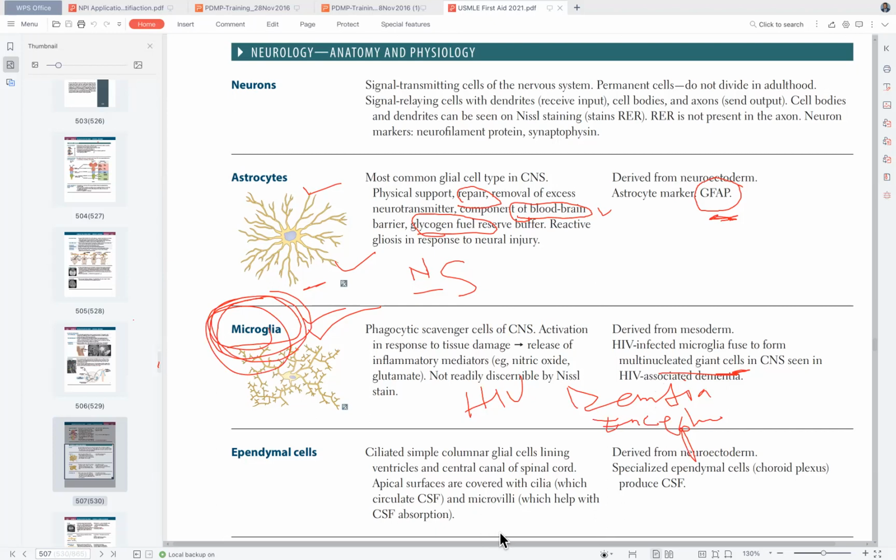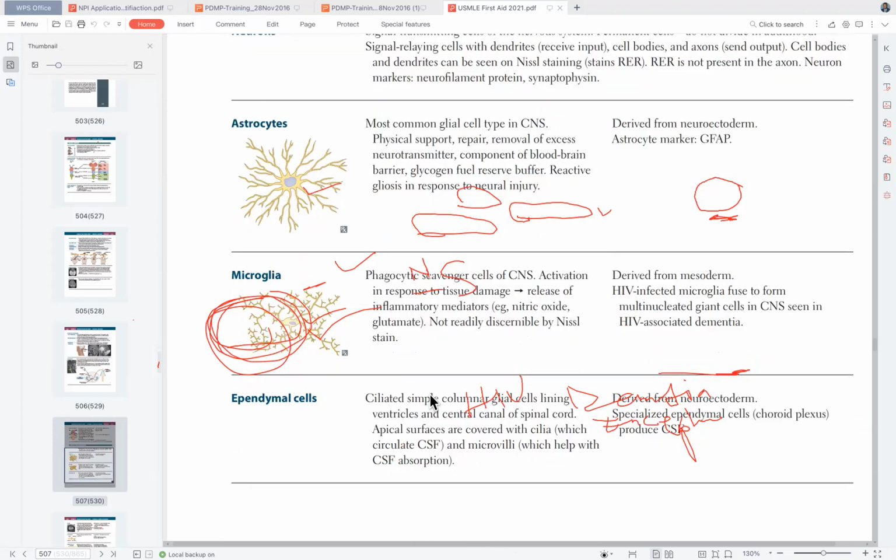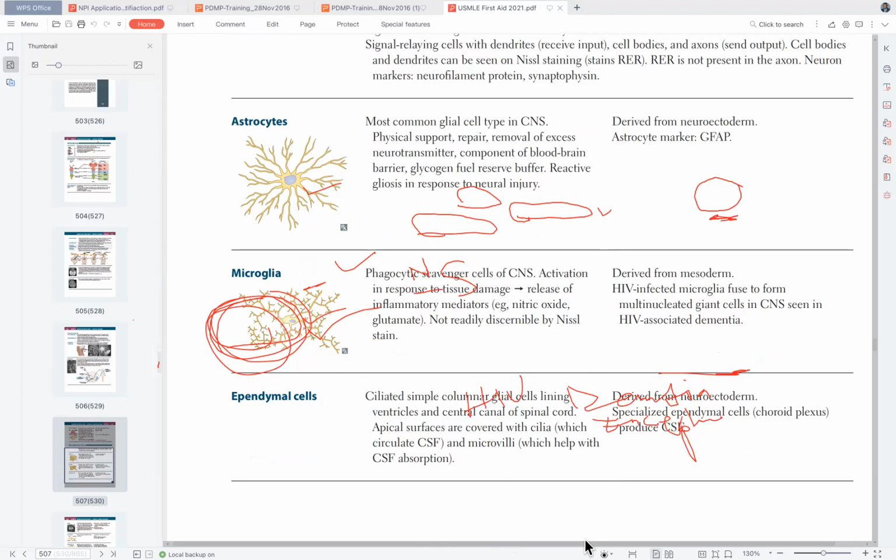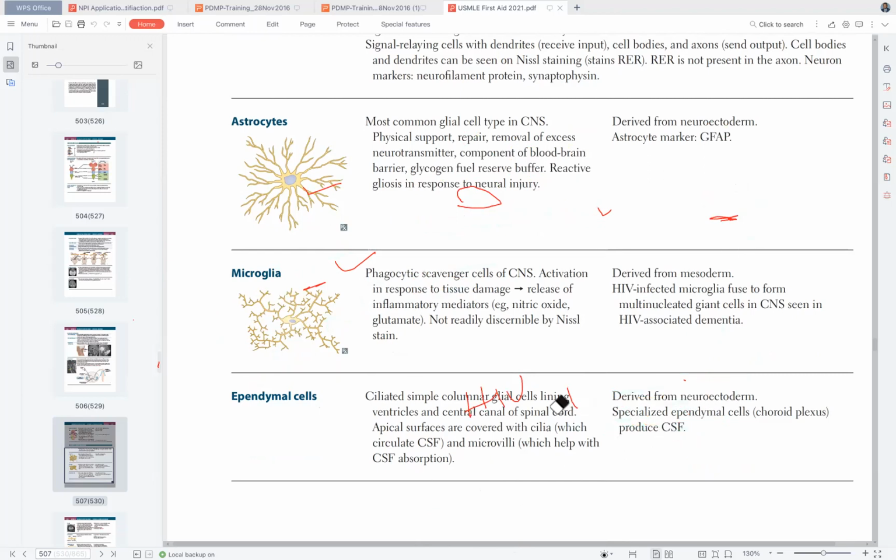Okay, now let's go to the next one, the ependymal cells. We have talked about these partially when we were doing CSF production. We said there were some cells that line the ventricles, and these ependymal cells are what form the choroid plexus.